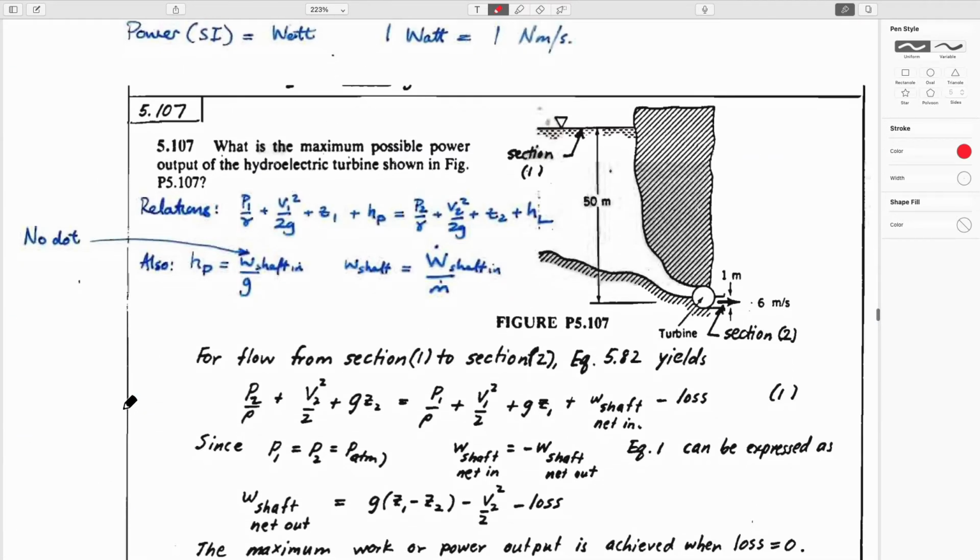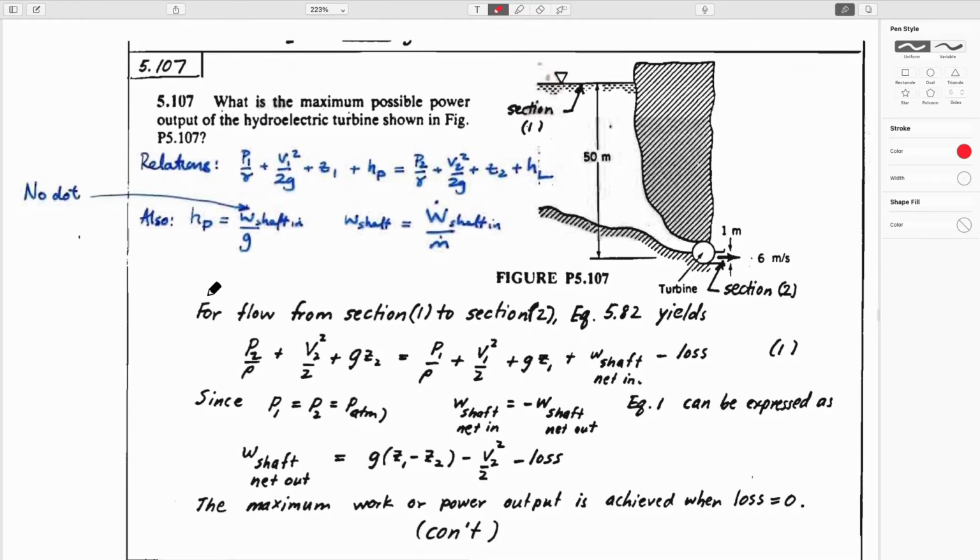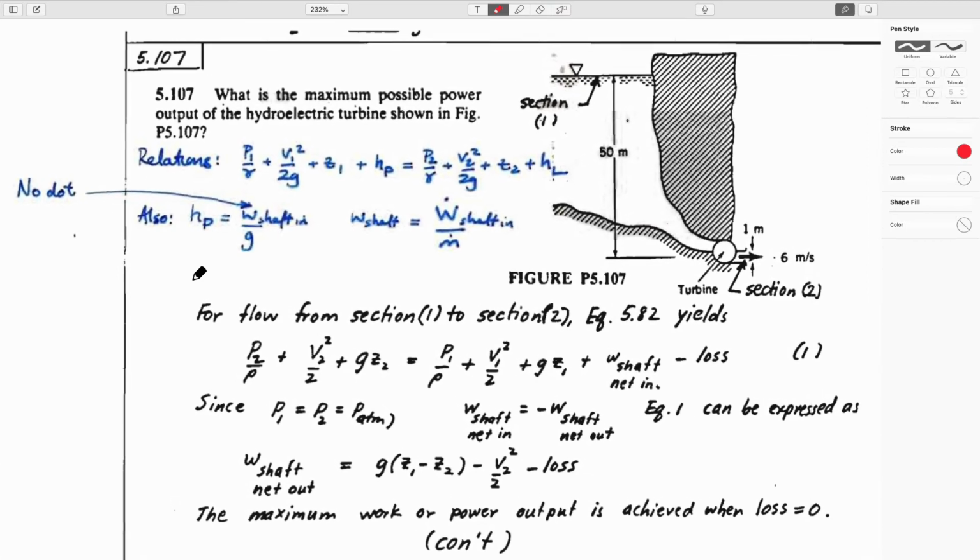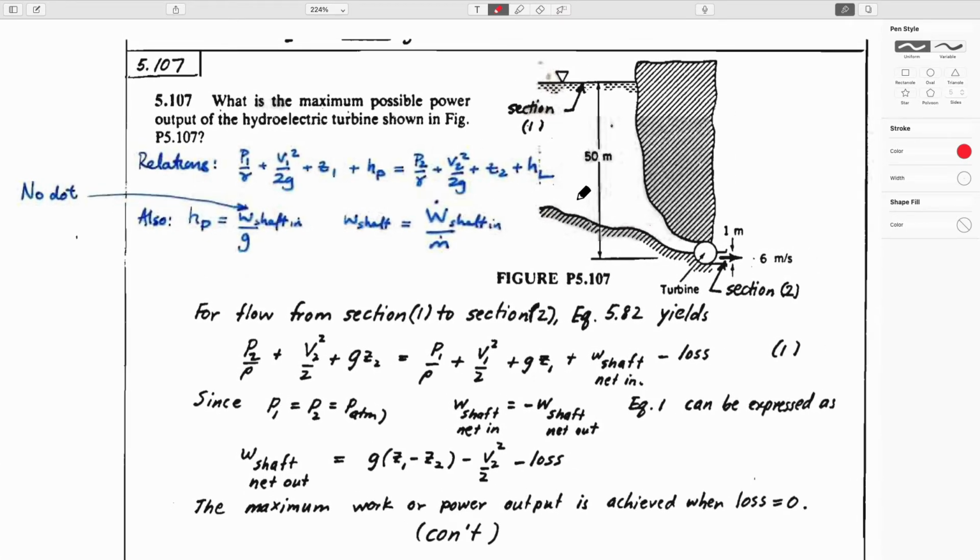Okay, so another one. We've kind of done this already, but it's making the same case of how much power you can maximally get out of a system. Again, we did it slightly differently. The question we did had a big reservoir down at the bottom, so that upstream 0.1 and downstream 0.2, the velocity v2 was equal to 0.